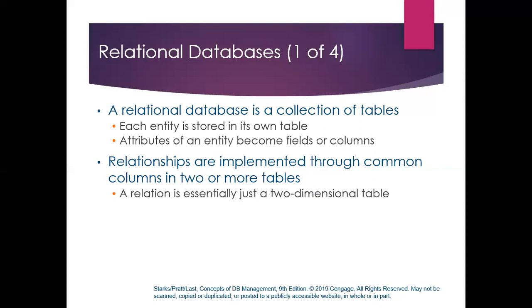A relation is a two-dimensional table. As was stated in Module 1, a table is a two-dimensional grid that contains rows and columns. Tables contain or represent entities. A column is also known as a field or an attribute.